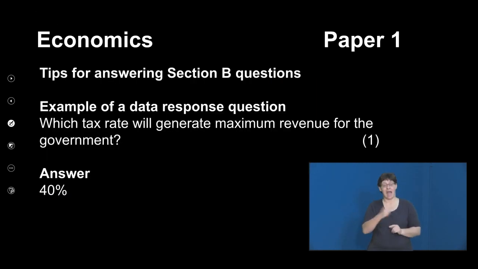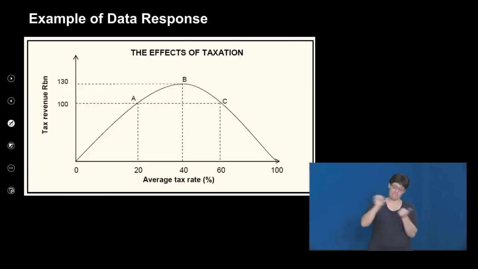Another question typically that you can get is, which tax rate will generate maximum revenue for the government? You go back to the diagram, you look at the diagram, at what tax rate do we get the maximum revenue? Let's check, boys and girls. At a tax rate of 20%, the government is able to generate tax revenue of 100 billion.